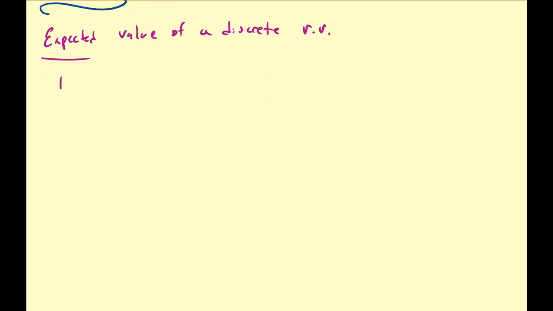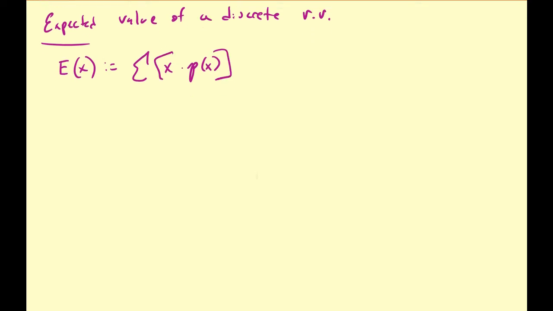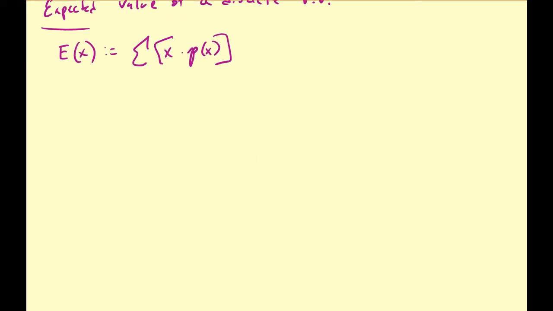So we're going to abbreviate this by E of x, and this is defined to be equal to the sum of the products of x and their corresponding probabilities. And we're going to find out that this will be a good definition for the mean of a discrete random variable as well.